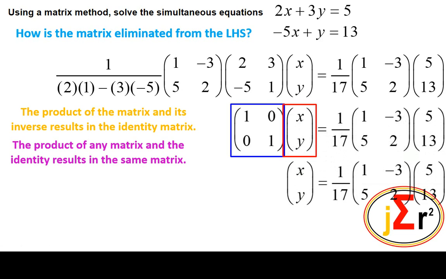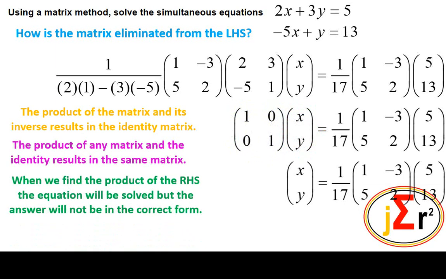And notice that the right-hand side has been consistently the same throughout the entire process. What we are doing here is eliminating the matrix of coefficients from the left-hand side, and that we have done successfully.